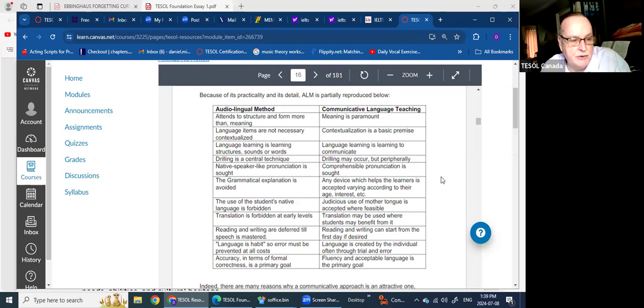The key point with communicative language teaching is described right here in this box where it says any device which helps the learners is accepted, varying according to their age, interest, etc. So that's the key point about communicative language teaching.